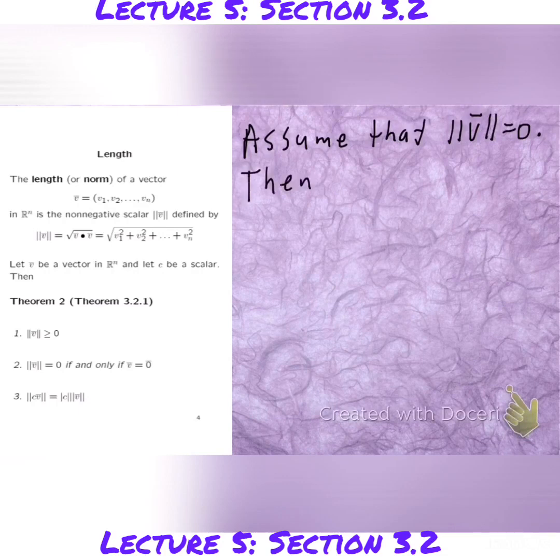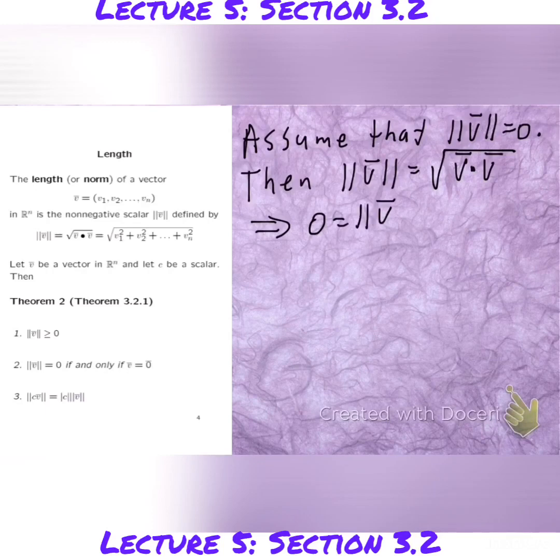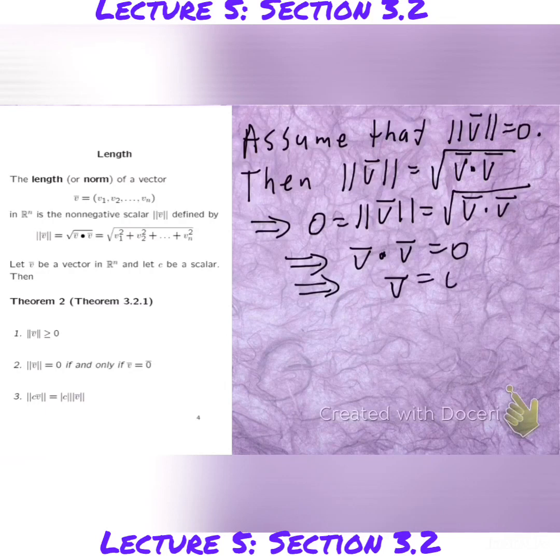So we have that the norm of this vector, we know, is the square root of the dot product between the vector v and itself. And this is going to imply that the dot product between the vector and itself is going to be 0. And we know that if the dot product between a vector and itself is 0, then the vector is going to be the 0 vector. Okay.